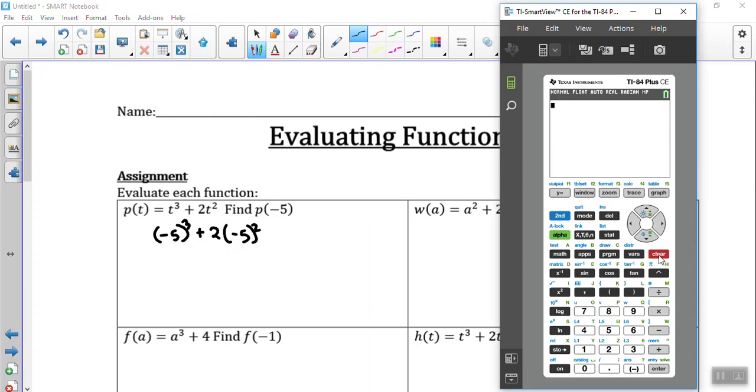And then from here, I'm just going to plug it in my calculator. -5 cubed plus 2 -5 squared, and we have -75. Okay, all right. So to write this as an ordered pair, we have my input, which is -5, and my output is -75.